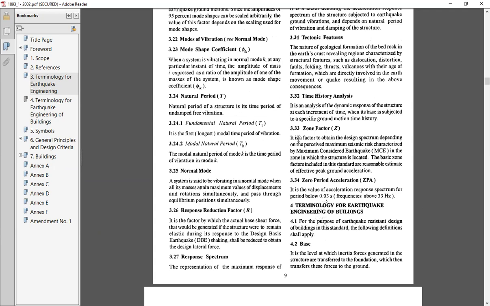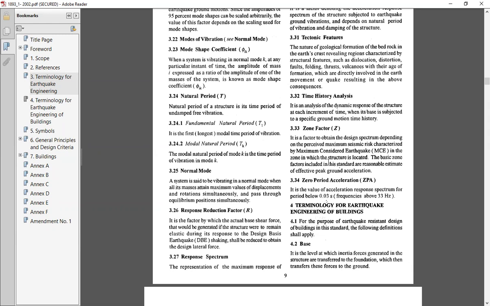Okay, so here in clause 3.33, you can see the zone factor also. So what is a zone factor? It is a factor to obtain the design spectrum depending upon the perceived maximum seismic risk characterized by maximum considered earthquake. Again, the zone factor depends upon the maximum considered earthquake in the zone in which the structure is located.